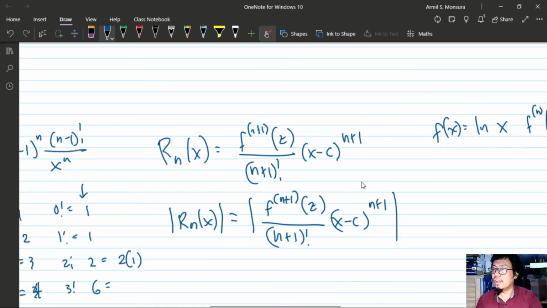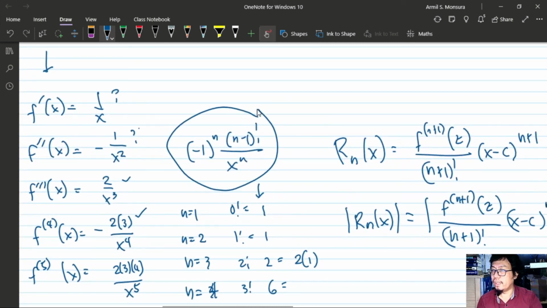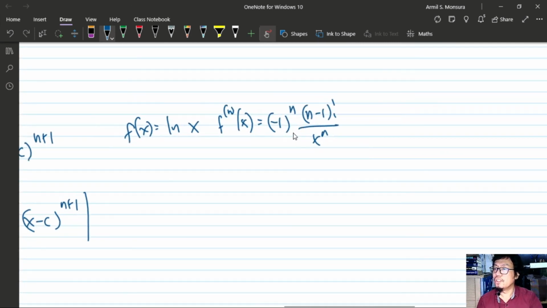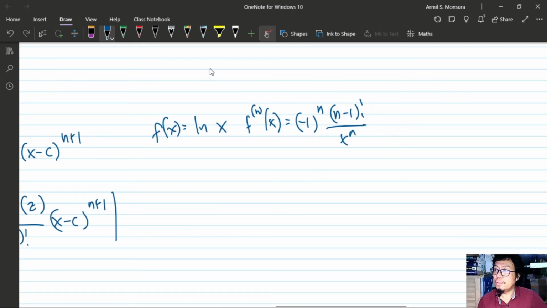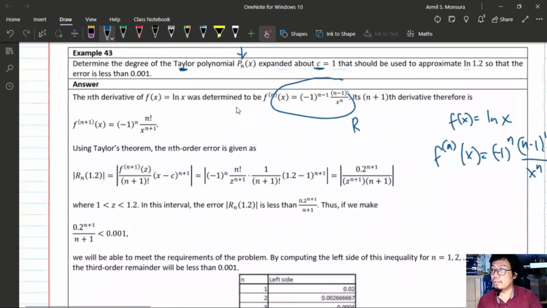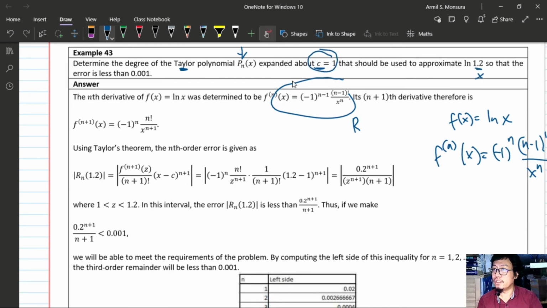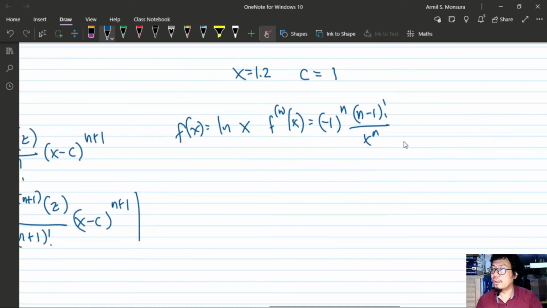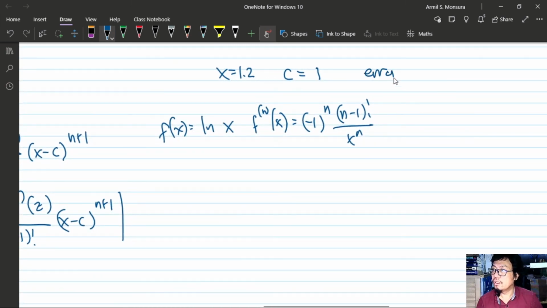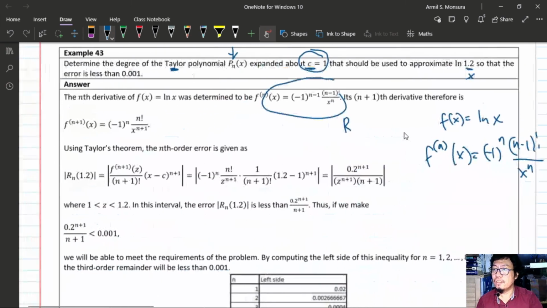What do we know? This is the nth derivative. The value of our x is 1.2 and our polynomial should be centered around 1. Those are the givens. So this is our x, this is our center, and we want the error to be less than 0.001.